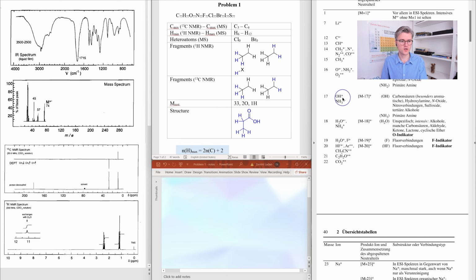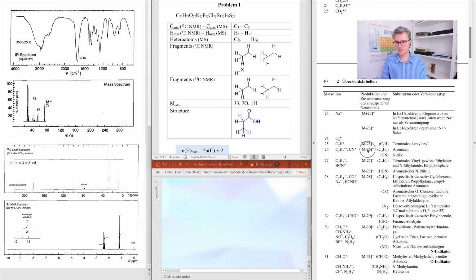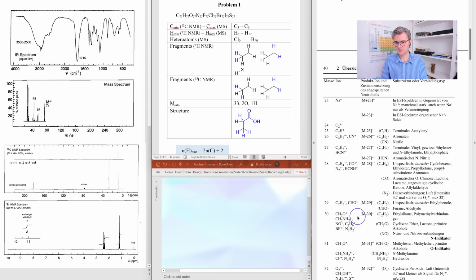So we have an OH group in the molecule, which is correct. Then 74 minus 45, so we have 29. 29 gives us an ethyl cation, and we also have an ethyl group. This is also correct.